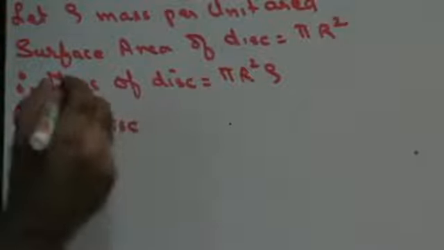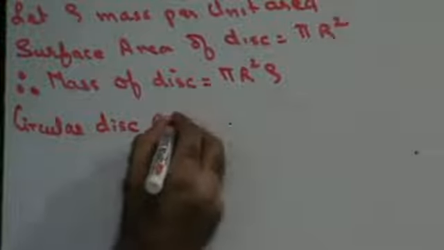Now the circular disc can be imagined to be consisting of a large number of extremely thin concentric rings.